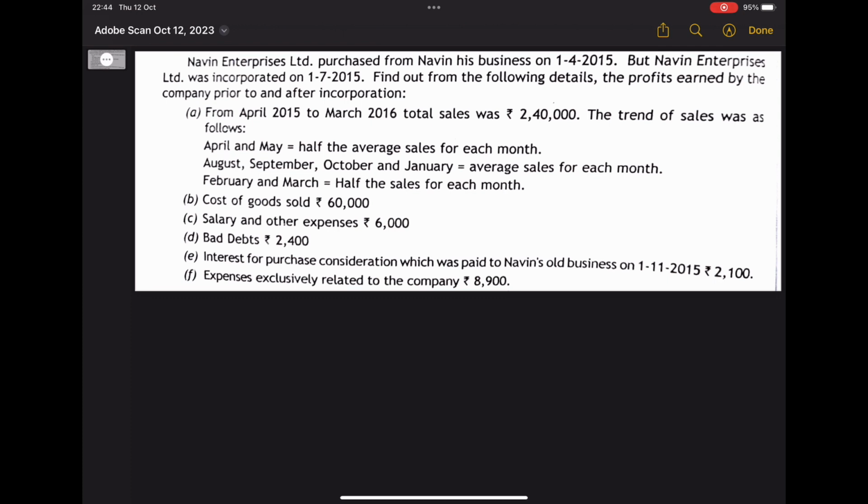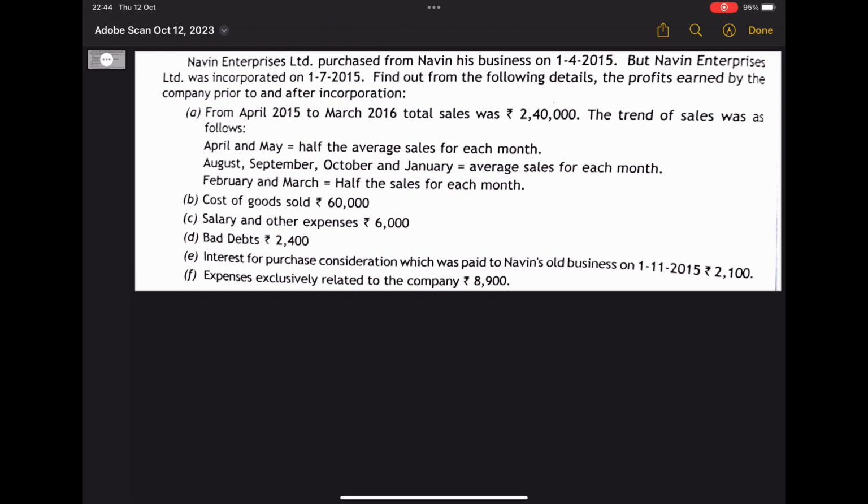First point, from April 2015 to March 2016, total sales was 2,40,000. The trend of sales was as follows. So here they have given us relevant information on the sales ratio. Based on this information we are going to calculate the sales ratio.